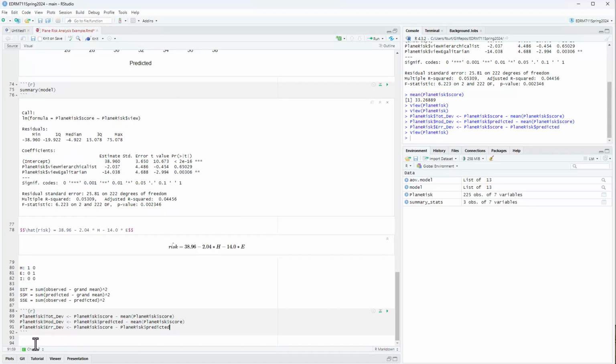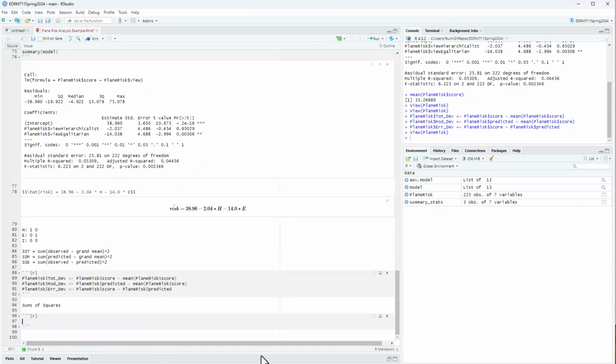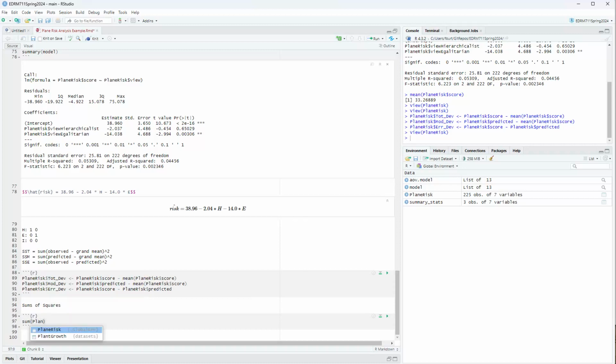So now I'll go ahead and do this in a new code chunk. What I want to do is sum up the squares of the total deviation.